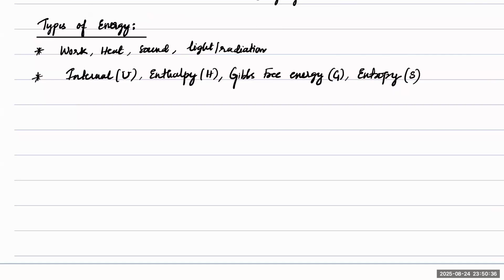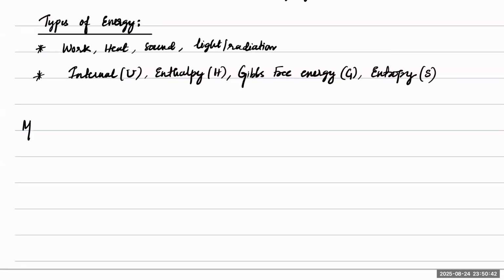Now, we came across another term known as macroscopic properties. These properties are again categorized into two forms. One is intensive, the other one is extensive property. Got it?